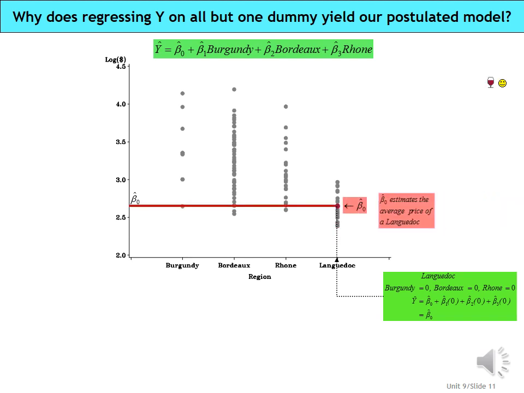If every other variable is 0, it's going to produce the intercept, beta 0. The mean for Languedoc: if I put zeros in here, 0, 0, 0, that produces beta 0, y hat. It's going to be the mean for Languedoc, and this is the reference point that we have.